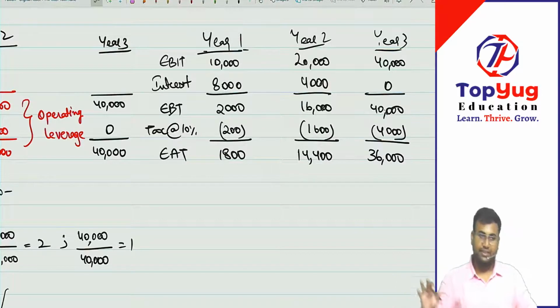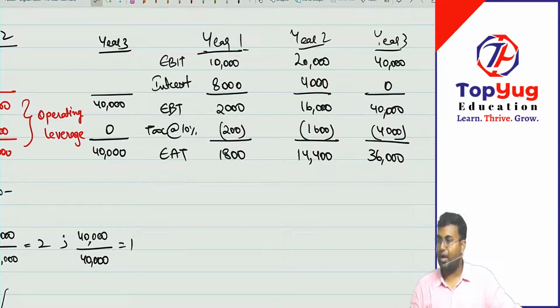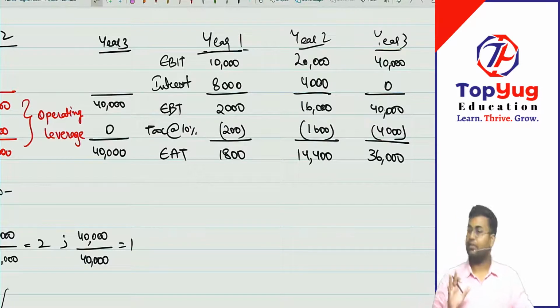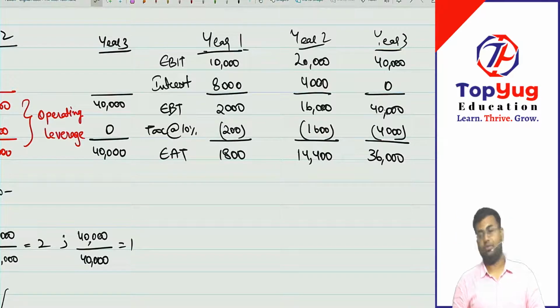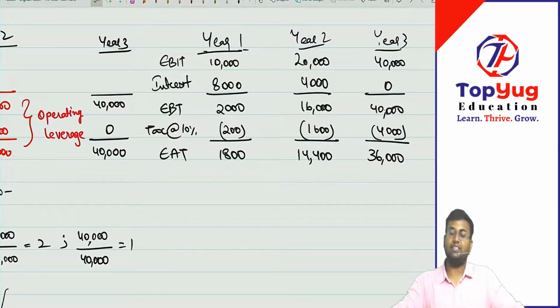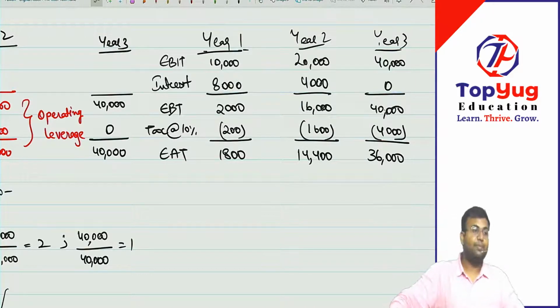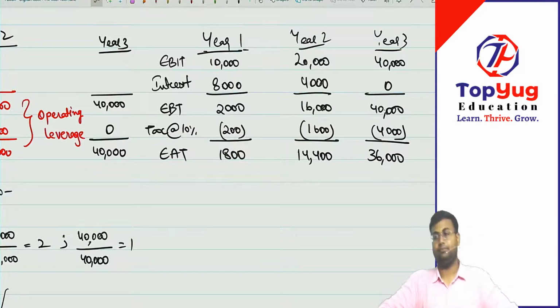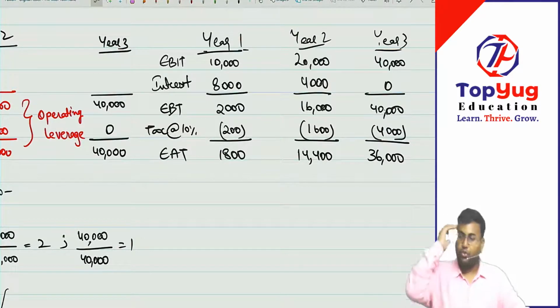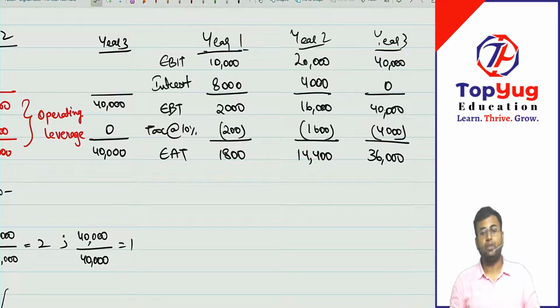Same concepts will remain the same for financial leverage also, right? Lower the interest you have, better. Now, the only point you will ask me is, sir, what about taxes? Should we take EBIT by EBT or should we take EBIT by EAT? Tell me by your own knowledge.